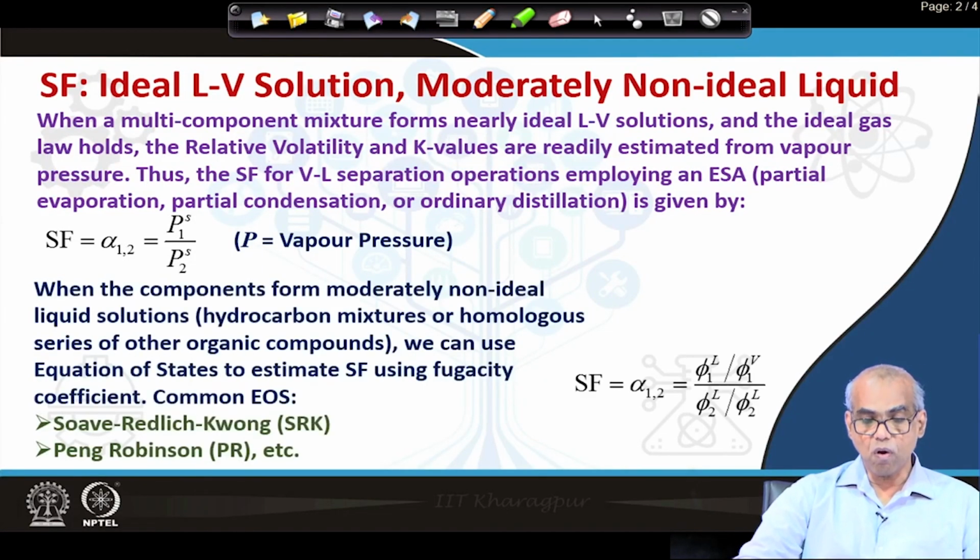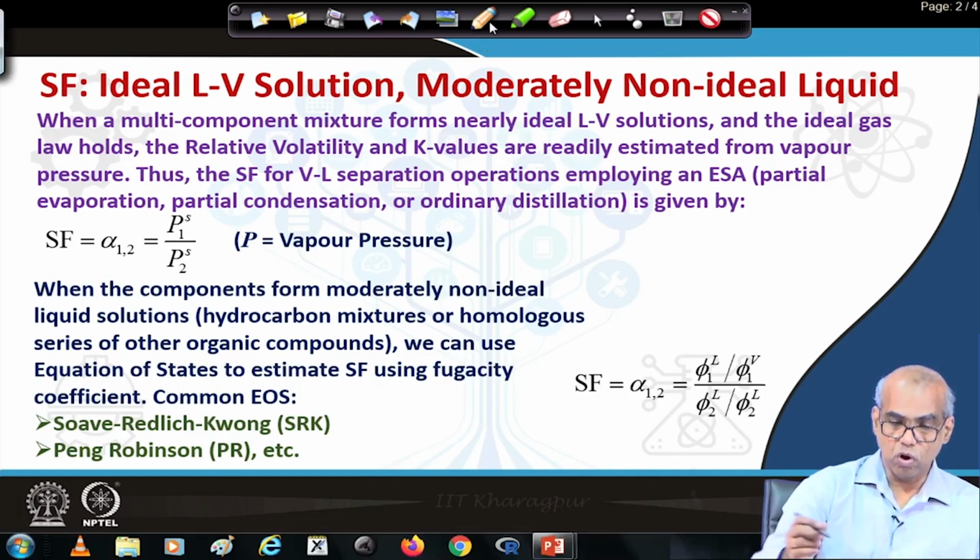When the components form moderately non-ideal liquid solutions such as hydrocarbon mixtures or homologous series of other organic compounds, we can use equations of state to estimate separation factor by use of fugacity coefficients. The commonly used equations of state are the SRK equation as well as the Peng-Robinson equation.